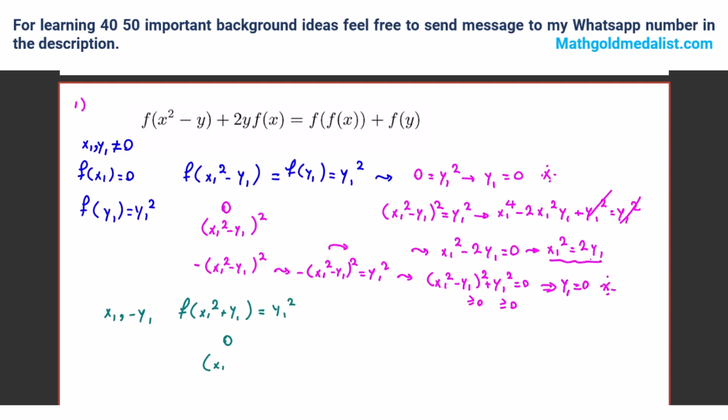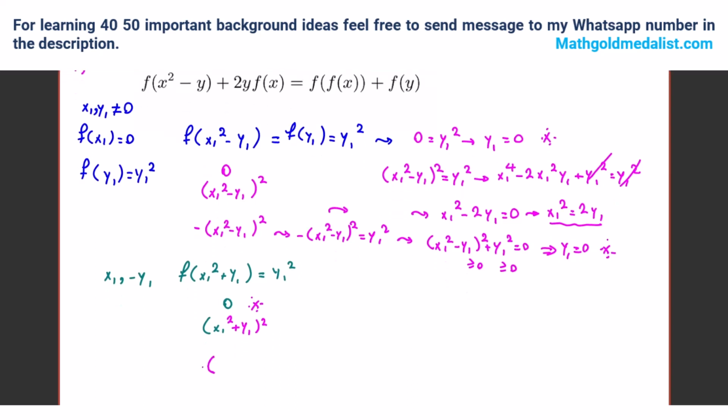So the only thing that we can consider is what? X1 squared is 2y1. Now here again for 0 we can reach a contradiction for x1 squared plus y1 whole squared and negative x1 squared plus y1 whole squared. Again, for this one, you can reach a contradiction like this. You can take this to the right hand side and you can see it would be 0. For this one, if we expand, x1 to the 4 plus 2x1 squared y1 is equal to y1 squared.